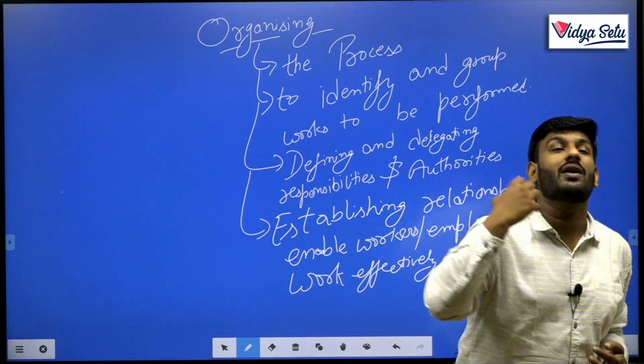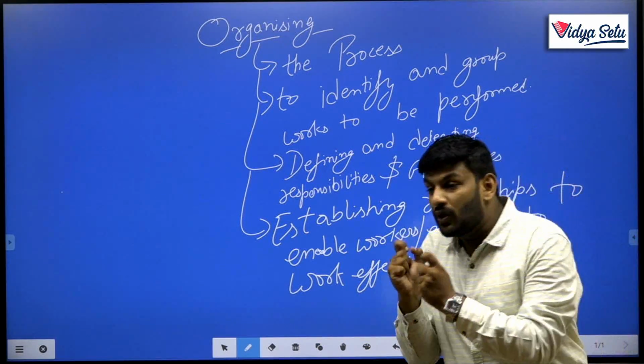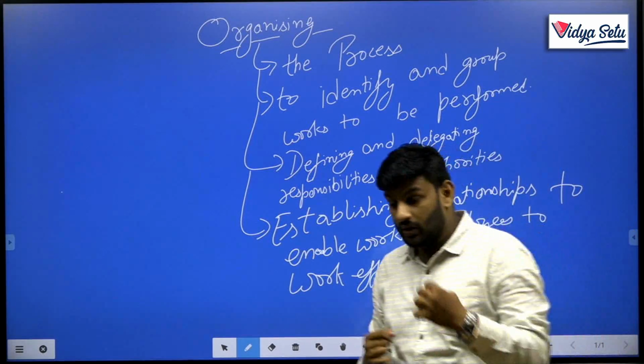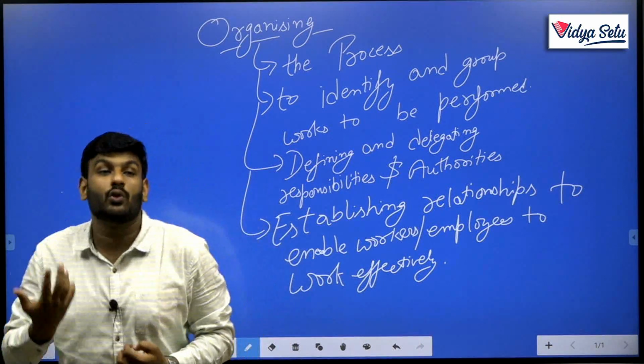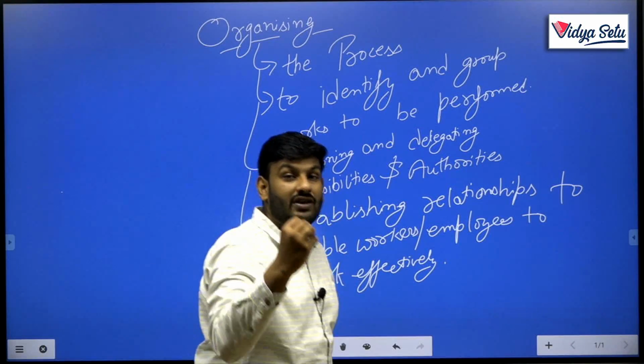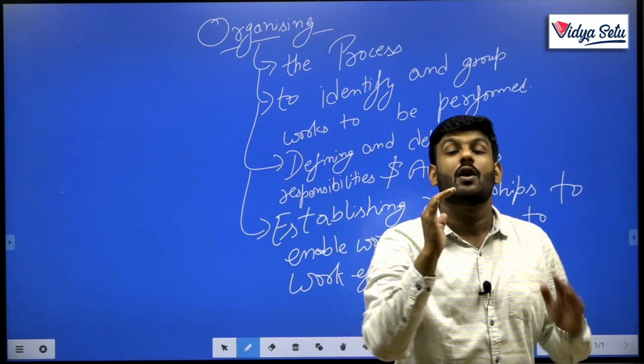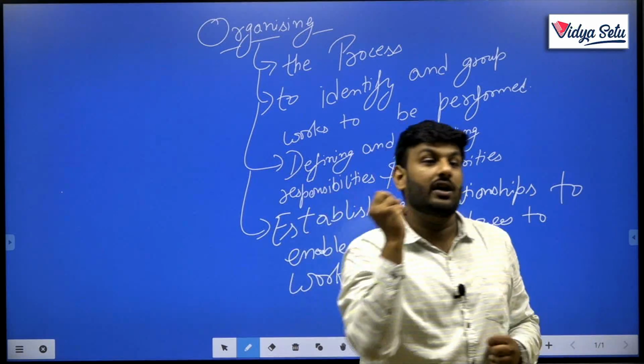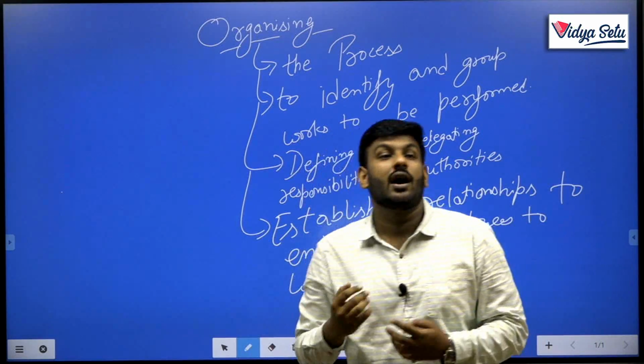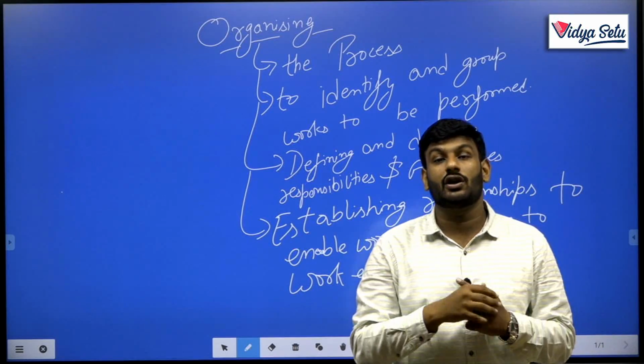There is so much work distributed in small groups. You need to know which work should be allotted to which person, as well as what tenure, what resources, and what funding or finance is allocated to them.